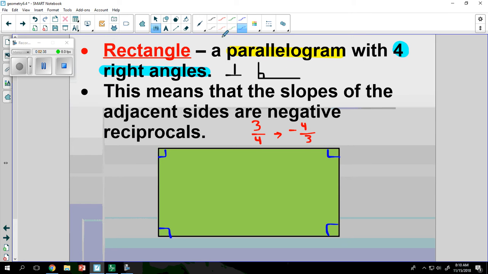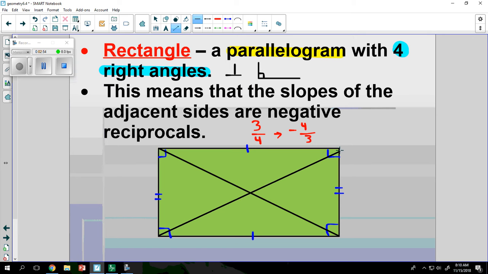And like any parallelogram, the opposite sides are congruent. So this side would equal this side, would equal this side. Again, every single angle is 90. If I were to draw the diagonals in, they would still bisect each other. So we would have that this is equal to this, and that this is equal to this. So that's review from last time as well.